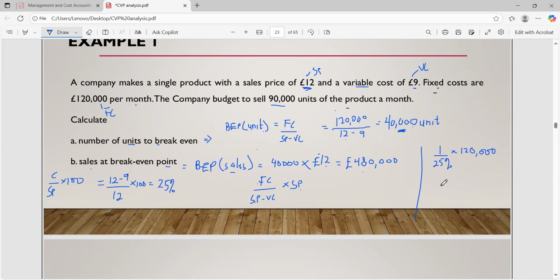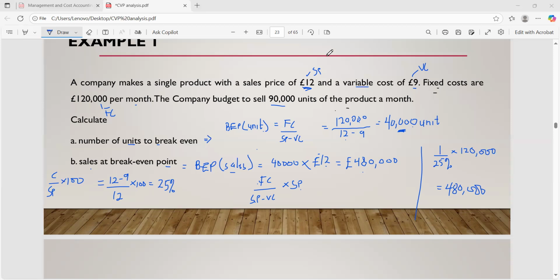Are we getting the same answer? If that is the case, it means that formula also works out.